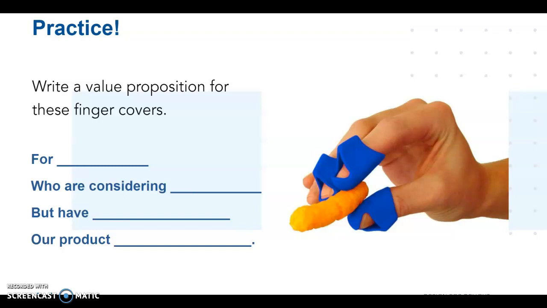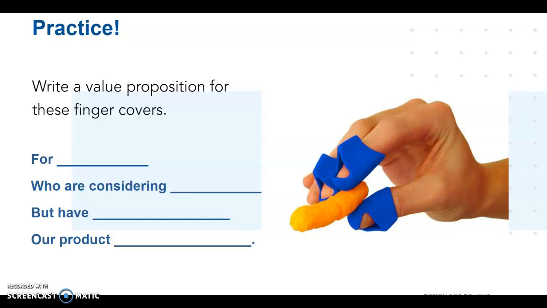They're all going to be a little bit different, but you might come up with something like for snackers who are considering snacking while they do their homework, but have an issue keeping their fingers clean and having cheese dust spread all over their computer and their papers. Our product allows them to snack while keeping their fingers clean. Something like that. Yours is probably going to be very different, but you get the idea of the value proposition.